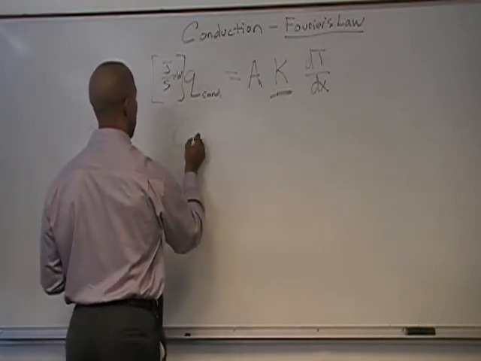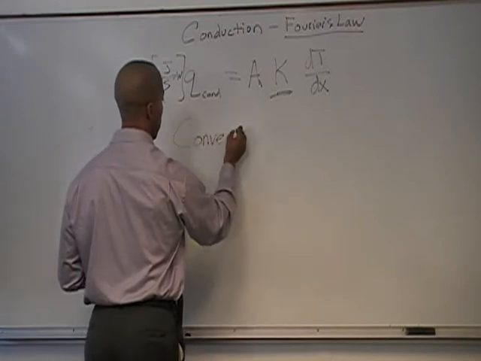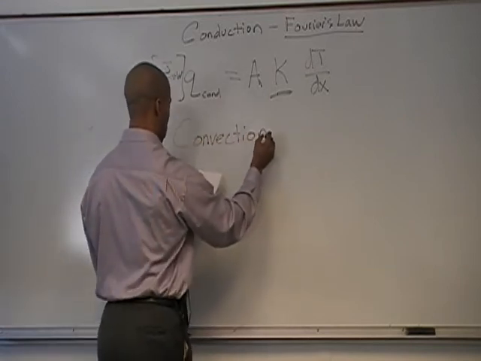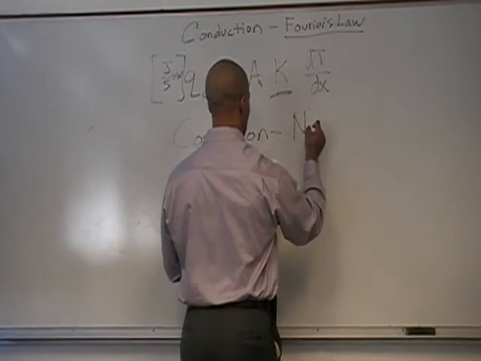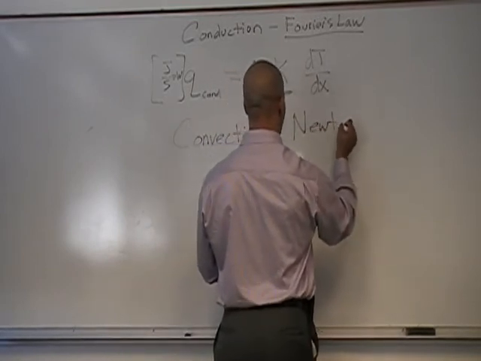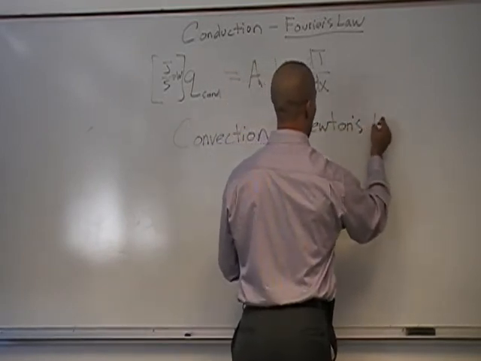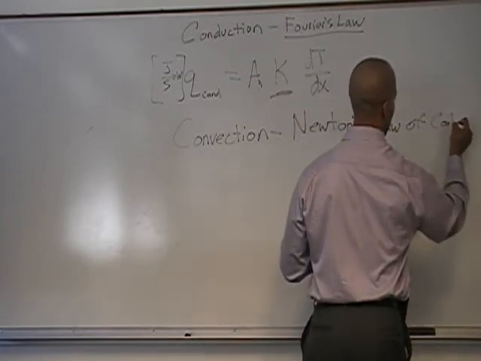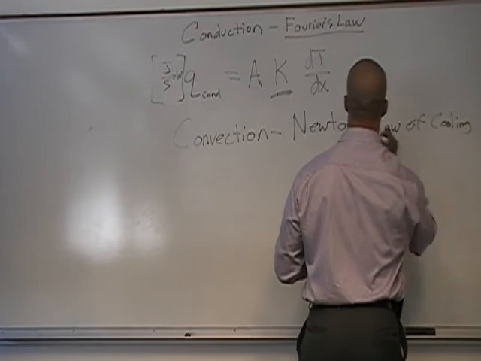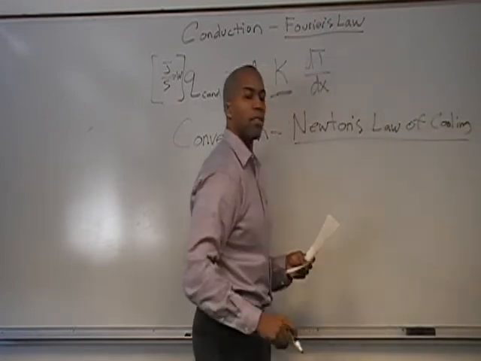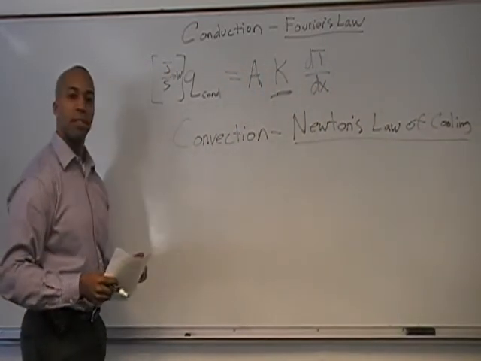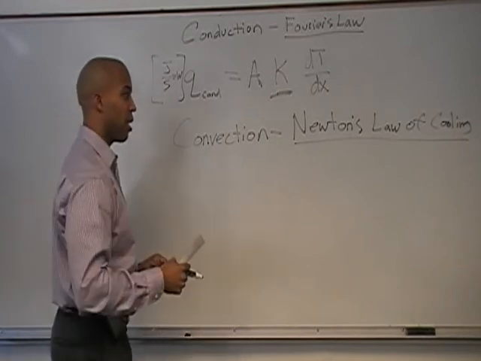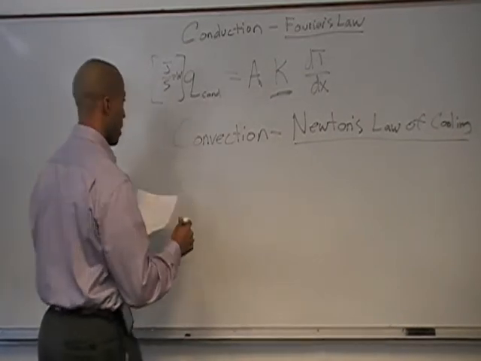So next we have convection. And convection is characterized by Newton's law of cooling. Right? So Newton, you're familiar with Newton, and here he shows up again in heat transfer.